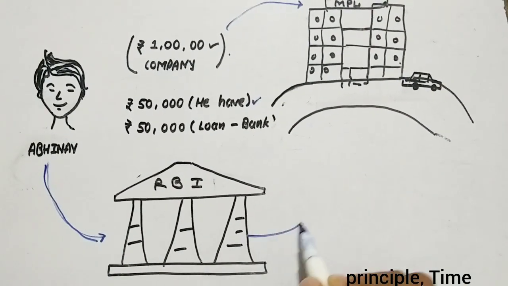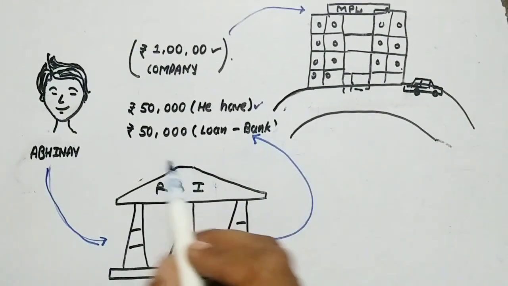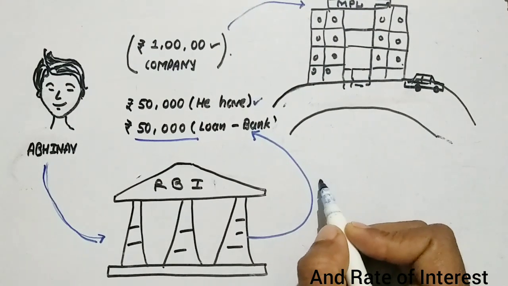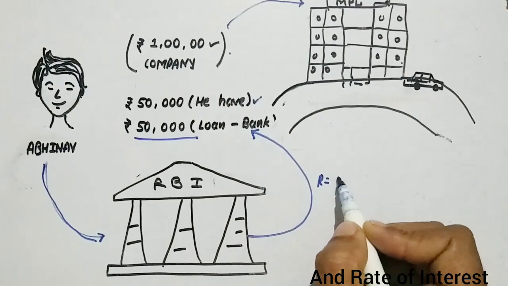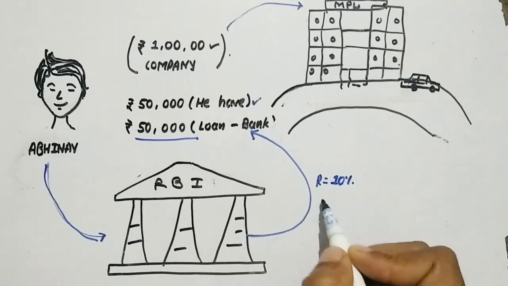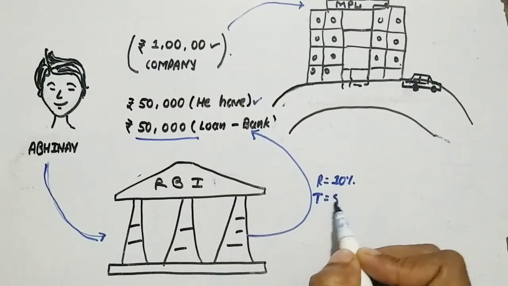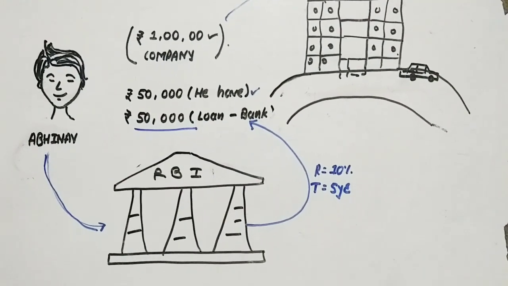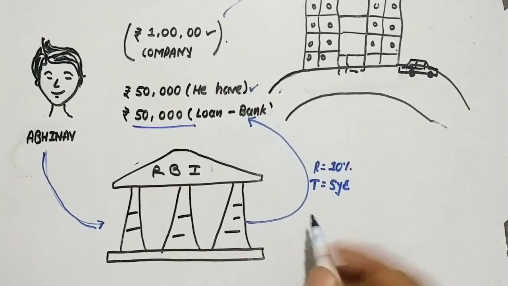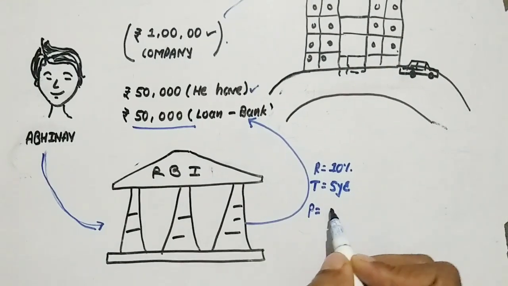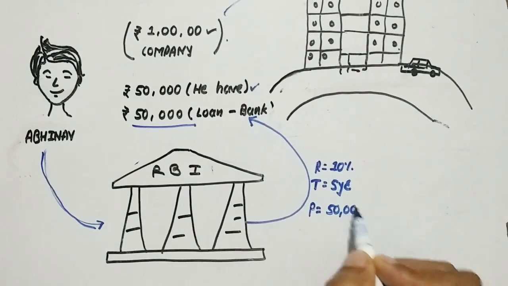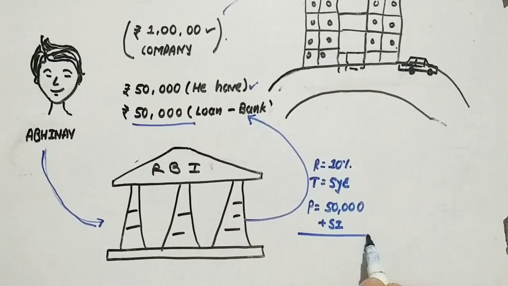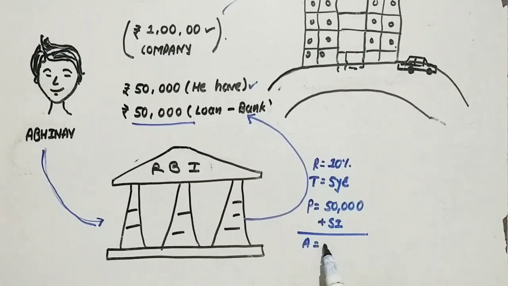RBI said, I will give you 50,000 rupees as a loan at the rate of interest equal to 10% for 5 years, and after 5 years you will return the principal value, that means 50,000, plus simple interest, which is equal to the amount value.